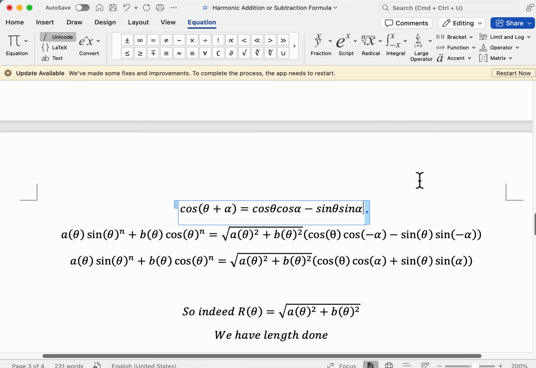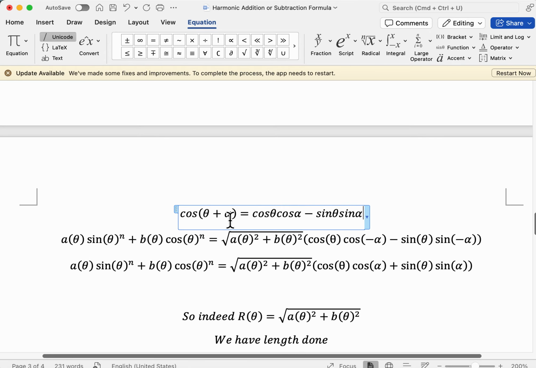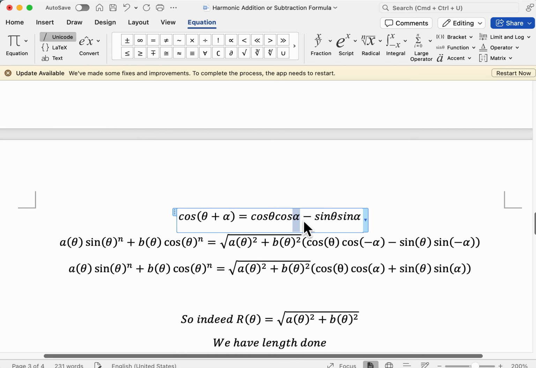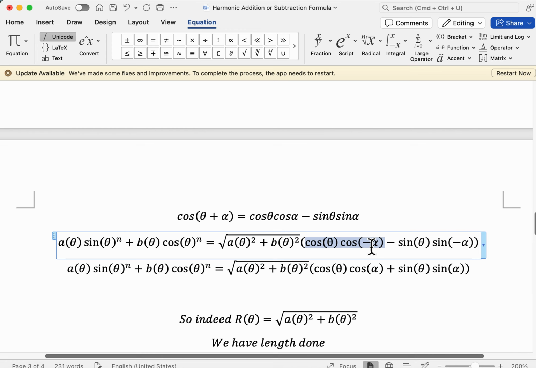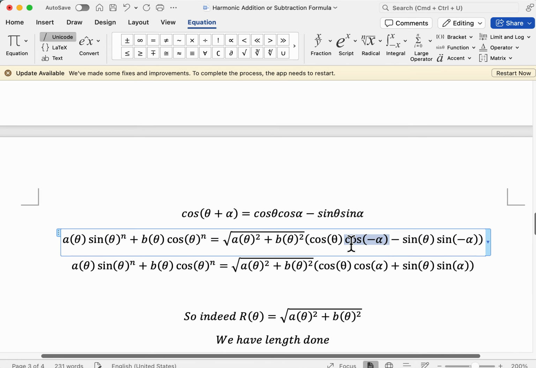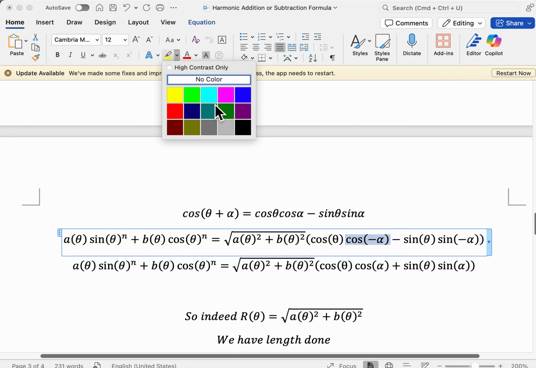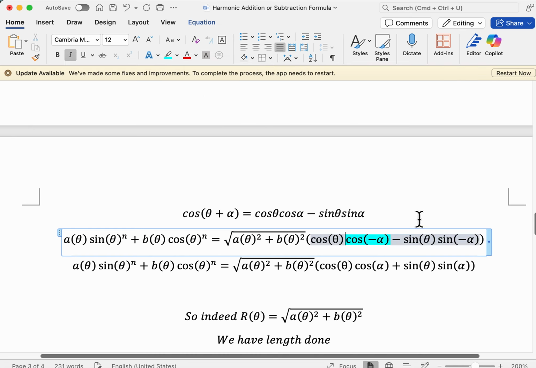And then if you're going to plug in a negative angle, say here, you're going to have to plug in negative angles for these inputs, hence why we have a cosine of negative alpha here. Let me shade this in. And a sine of negative alpha here.